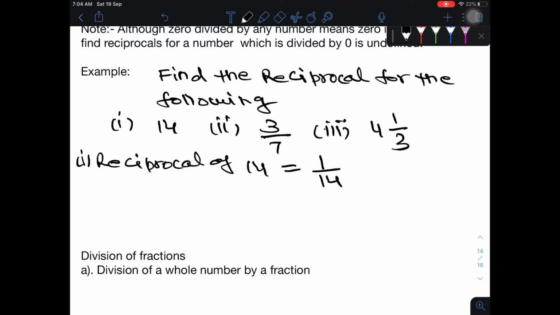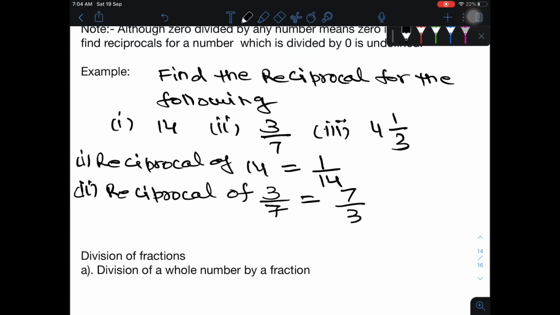Now the second problem. Reciprocal of 3/7. Now if it is given in fraction, just change the numerator and denominator. So it will become 7/3.